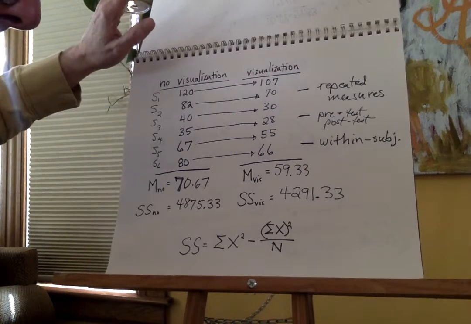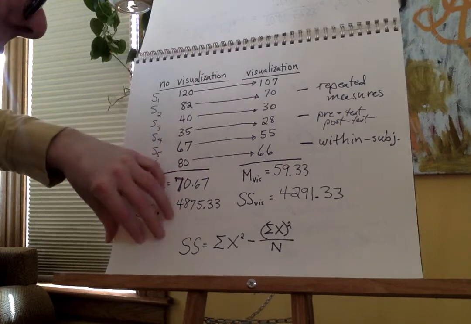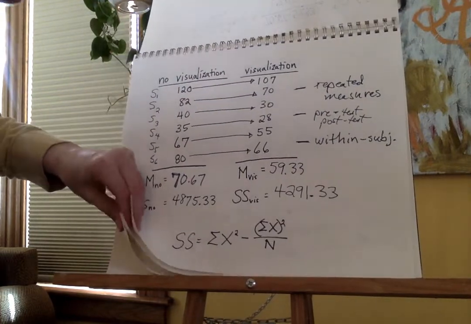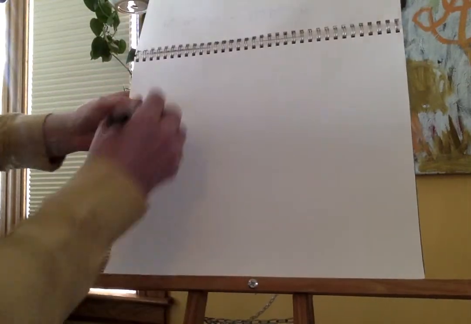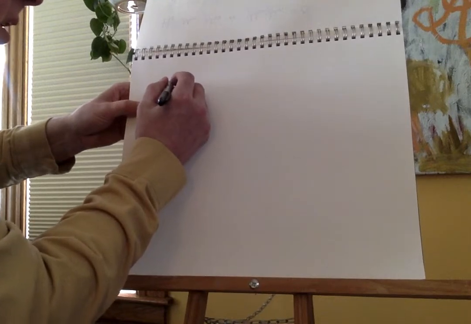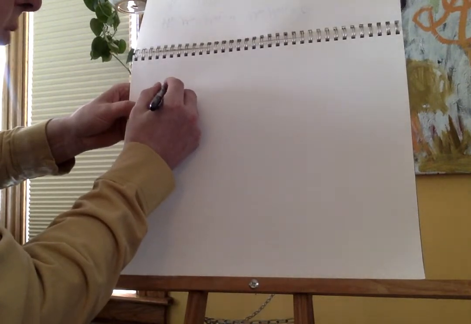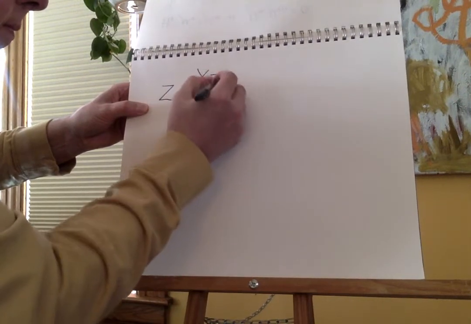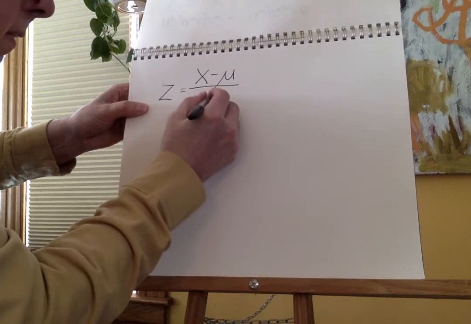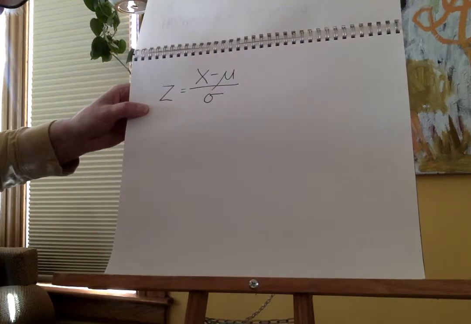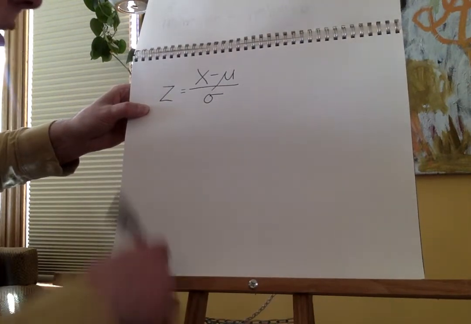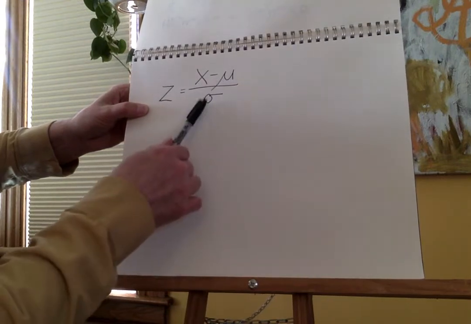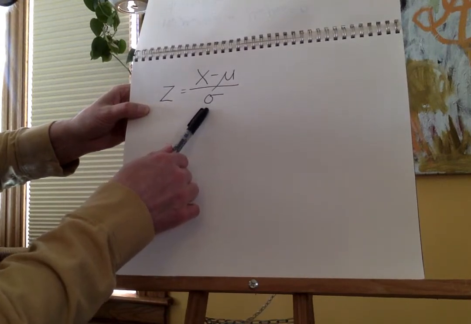Let's look at the structure of our t-test. Let me do this, and we've done this before. In fact, I think it's probably worth doing this again. Z-score for individual scores. You look at the deviation, you put that in terms of the variability.